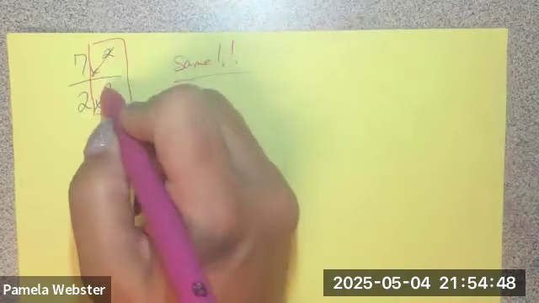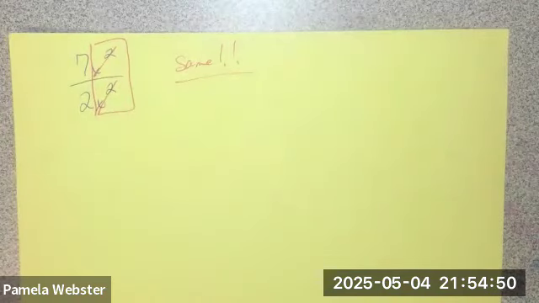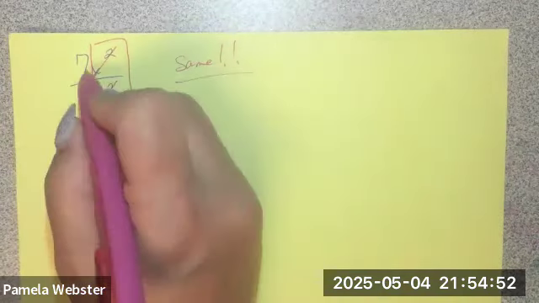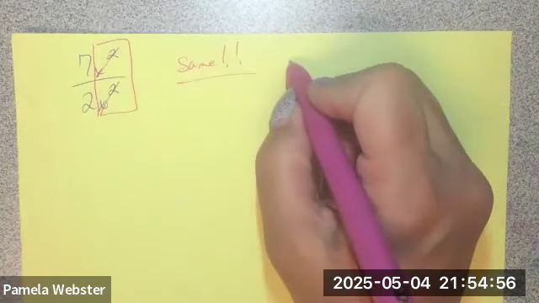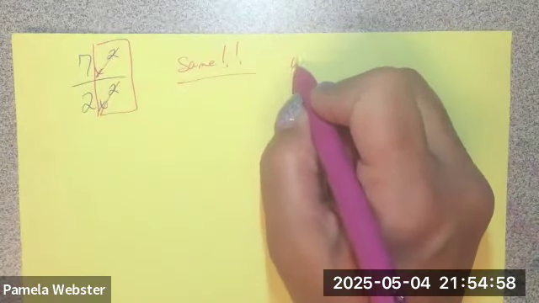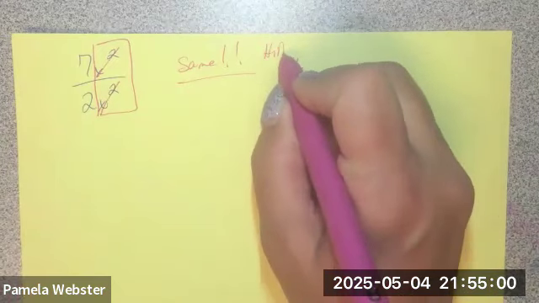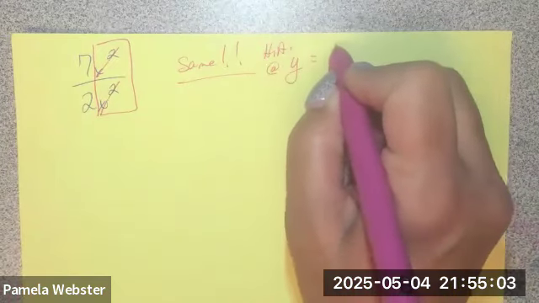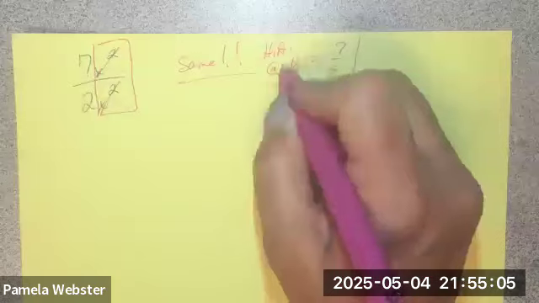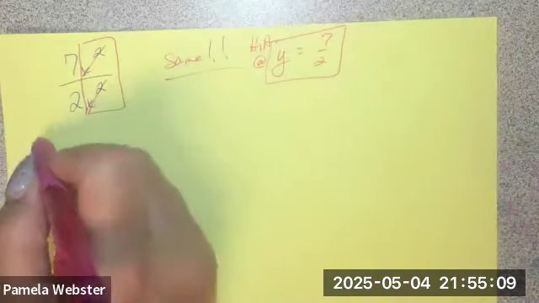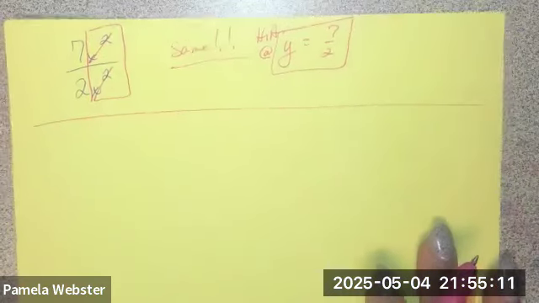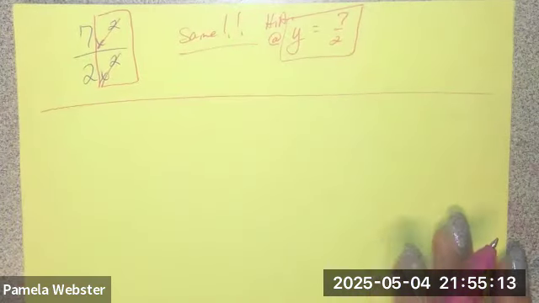In fact, I could just reduce those out, right? And what would I be left with? The numbers out in front. Now the numbers out in front make a difference. So there's a horizontal asymptote at y equals 7 over 2. Okay, that's what's going on there. So that's how I explain this particular situation with horizontal asymptotes.